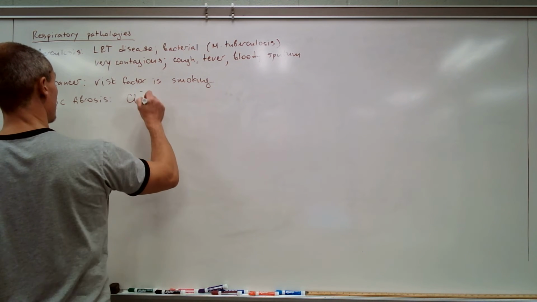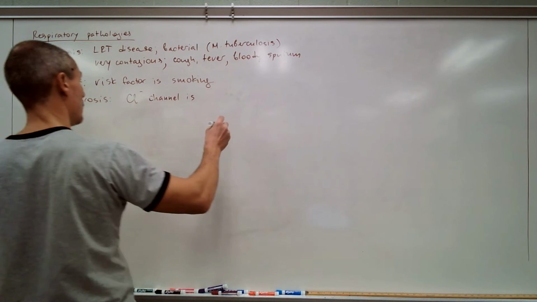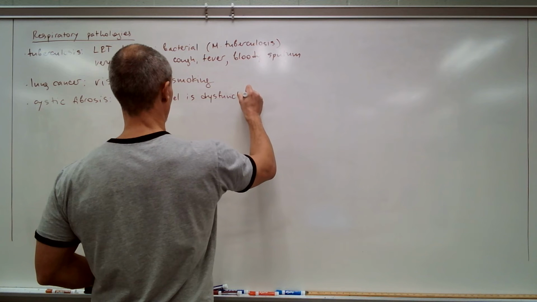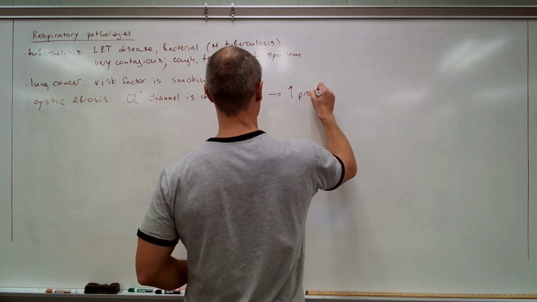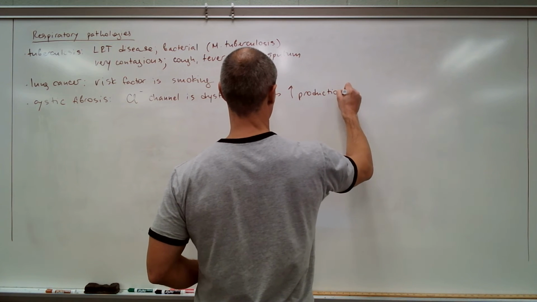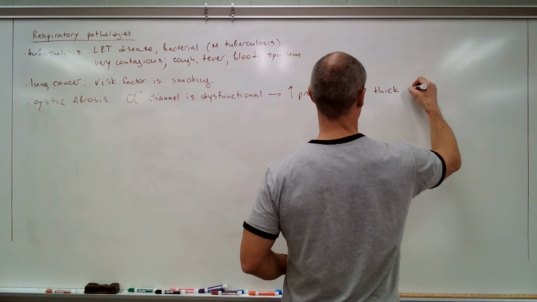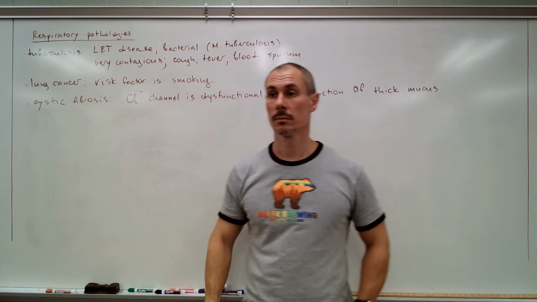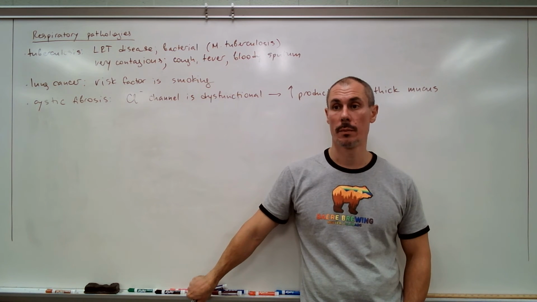So what happens is that the chloride channel is dysfunctional, which results in the increased production of very thick mucus. Does that make sense? Very thick mucus.